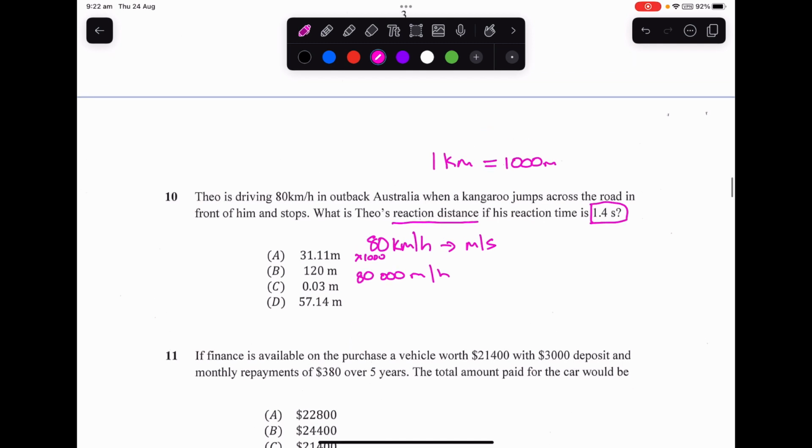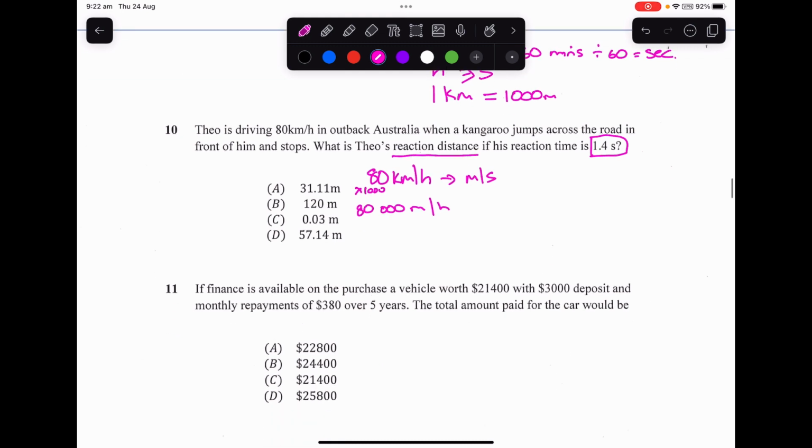Now, when we're going from hours to seconds, I should put a line there, hours to seconds. We would divide our hour by 60, and that would get us to minutes. And then we're going to divide that by 60, which will get us to seconds. So divide by 60, divide by 60.